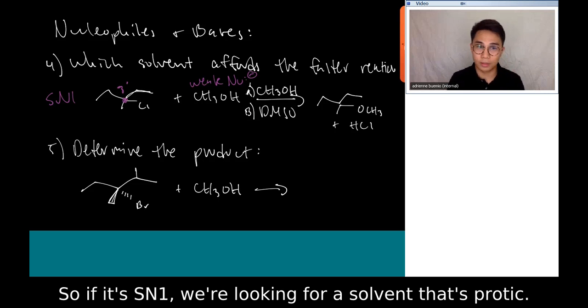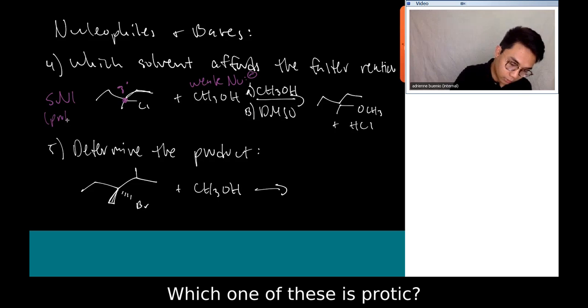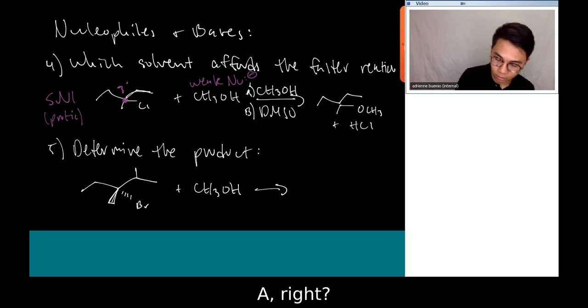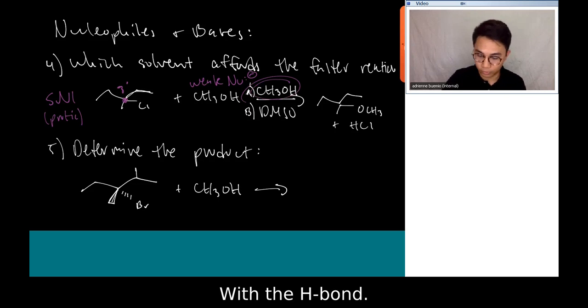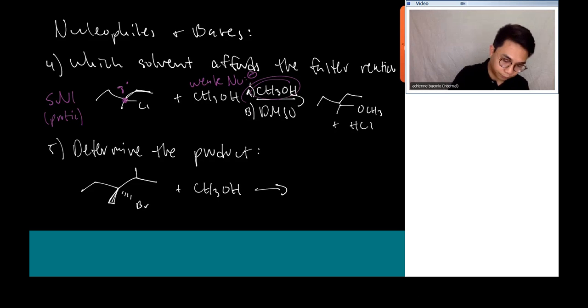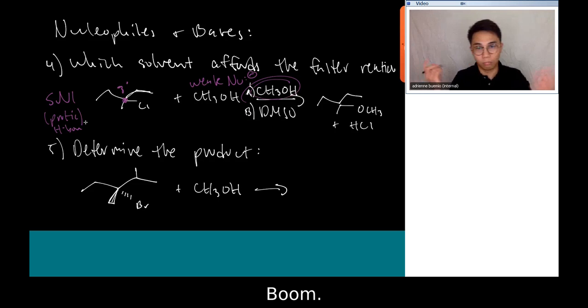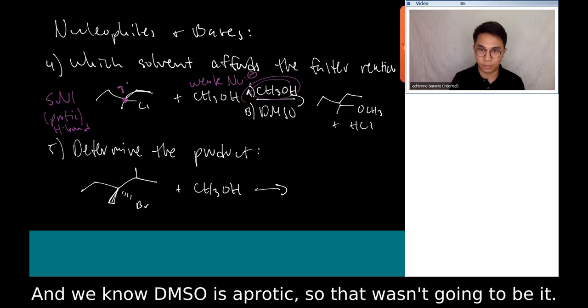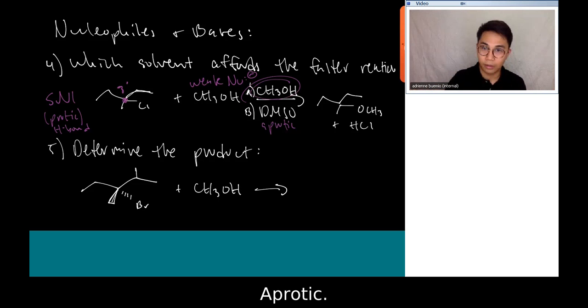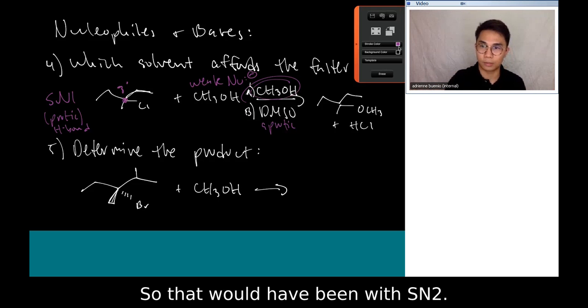And so if it's SN1, we're looking for a solvent that's protic, right? So which one of these is protic? A, right? With the H bond. So, boom. Super simple. And we know DMSO is aprotic, so that wasn't going to be it, right? Aprotic. So that would have been with SN2.